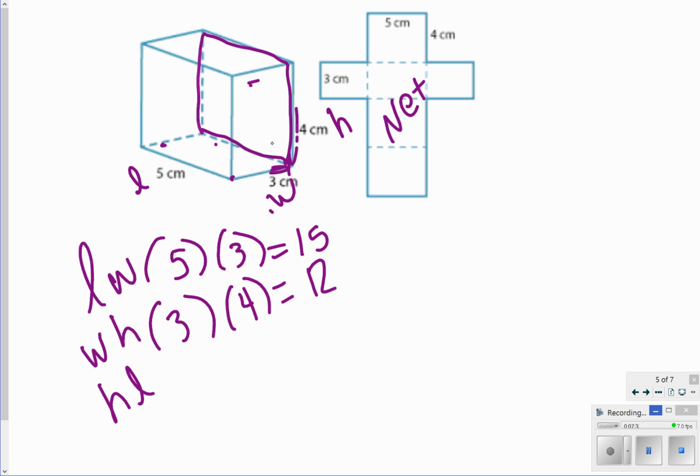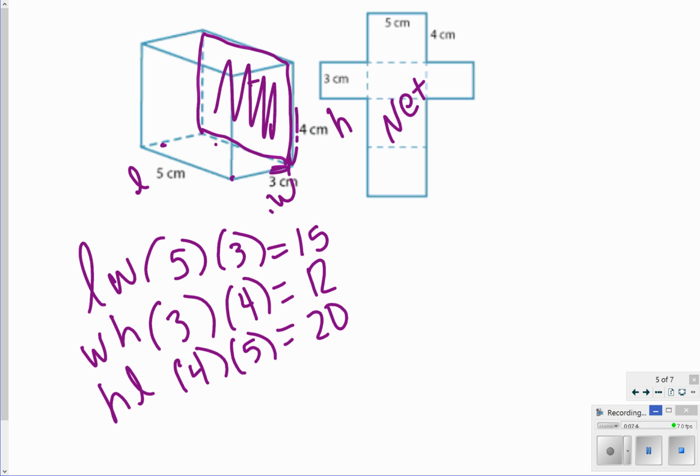Our height is 4 and our length is 5, so that would make it 20. So we had our bottom shape, our front shape, and our back shape. But we know that's only 3 shapes. So we're going to add these together: 20 plus 12 plus 15, and we're going to get 47.